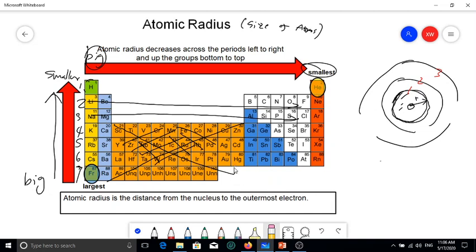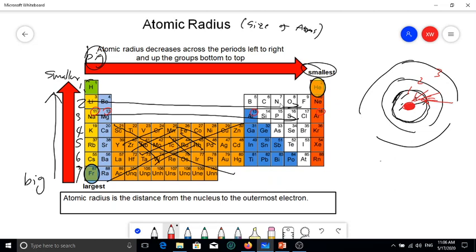What really makes a difference is the number of protons. So when you have 11 protons, 12 protons, 13 protons, the bigger this number is, the stronger the nucleus is, with more positive charge. And that means the stronger nucleus is able to pull the electrons closer to the nucleus, which actually makes the atoms smaller.